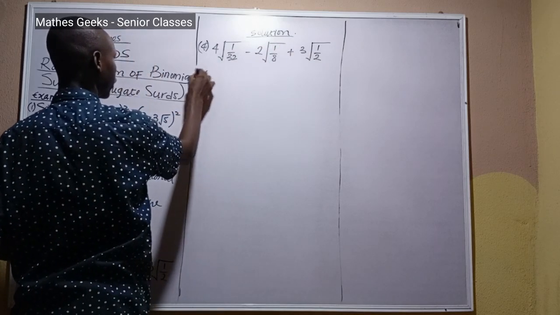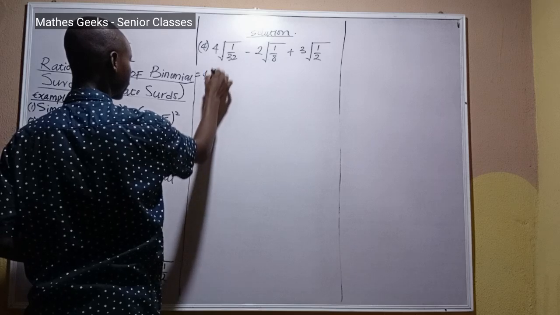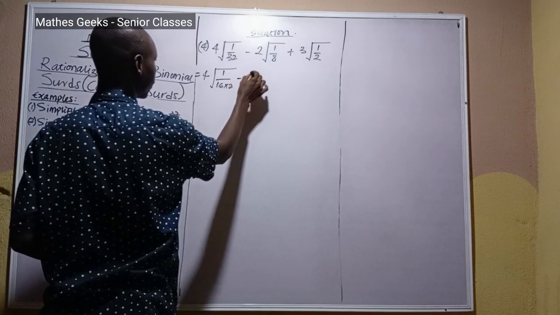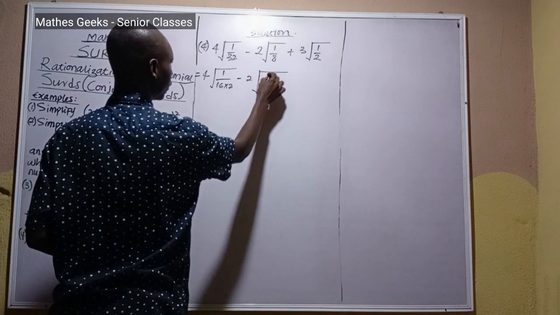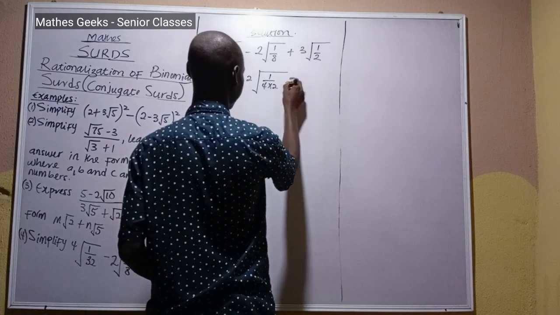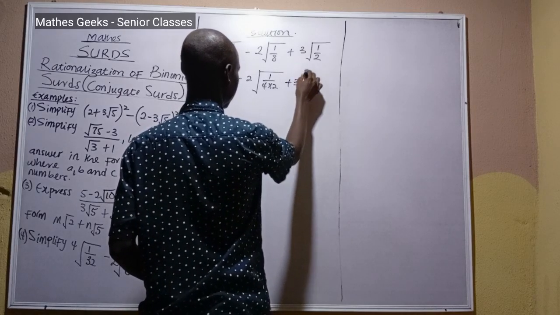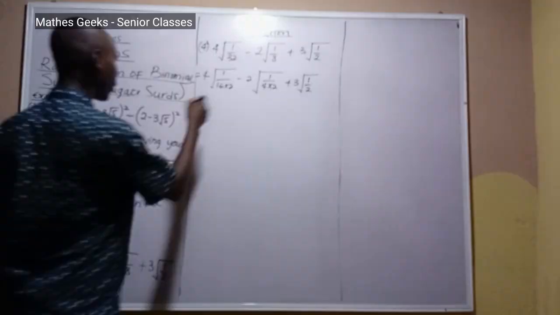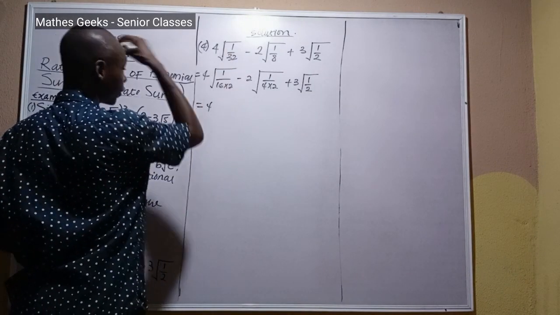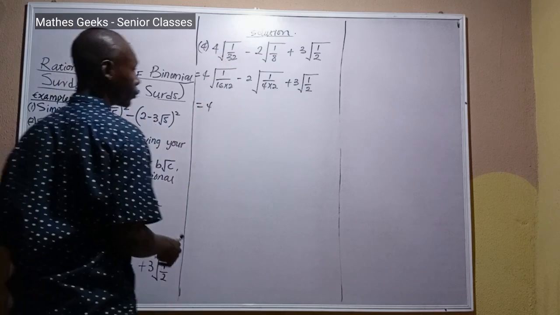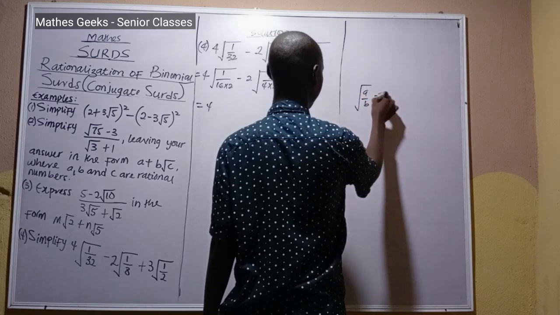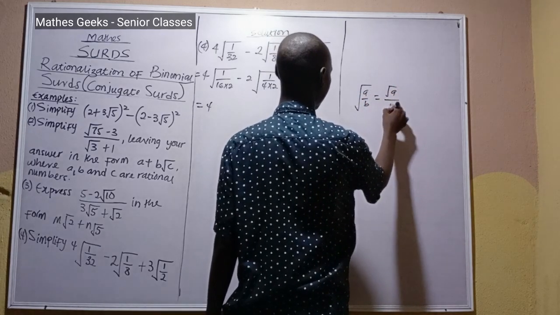So this gives us 4 root 1 over 16 times 2 minus 2 root 1 over 4 times 2, plus 3 root 1 over 2. Since 16 times 2 is inside the square root sign, from our rule, where we say if we have a over b, this will give us square root a over square root b.